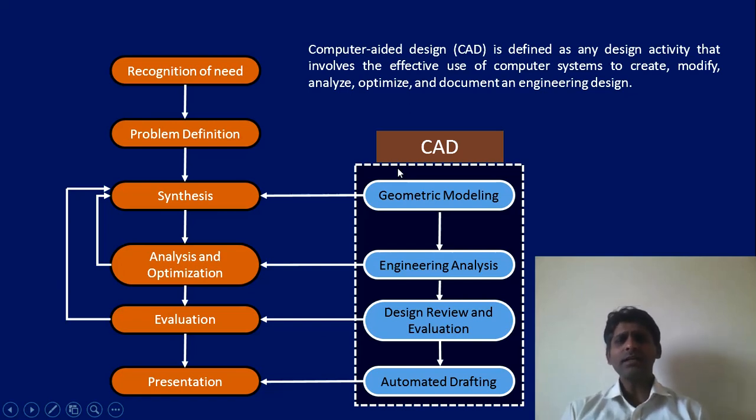That is from the starting till the end. I am talking about disposal because many a times it is important to keep a track of how a particular material, like hazardous materials, are disposed. So that is why disposal also becomes important at times. So we can keep a track of a particular product right from its inception to its disposal, and all of this can be done by using a software like CATIA.